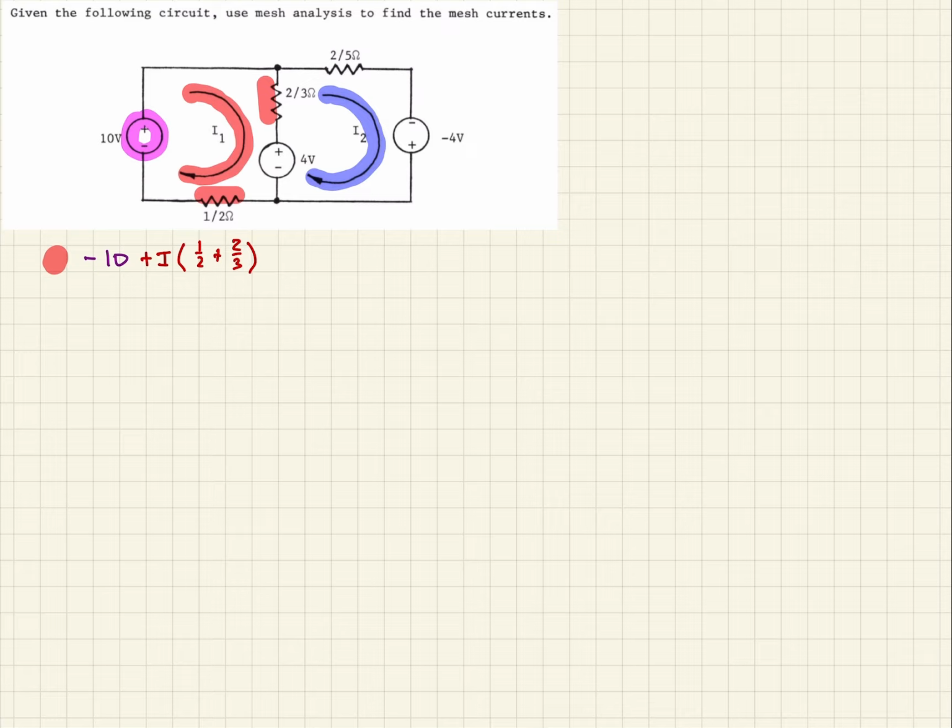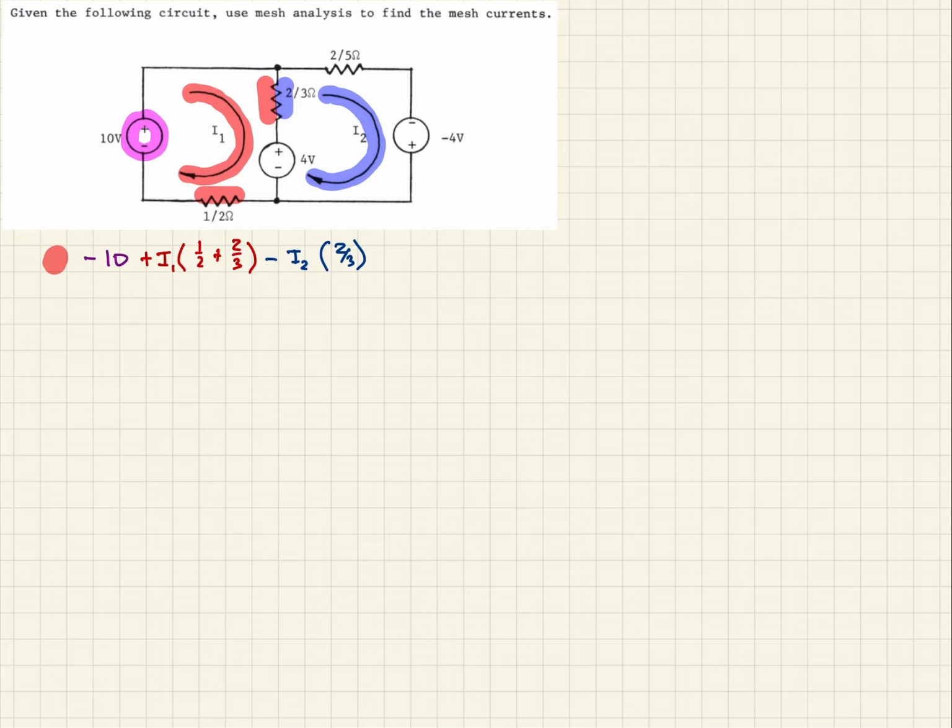But then we also note that the I2 current goes through that 2/3 resistor as well, and it's working against us. So then that's going to be minus I2 times 2/3. And it looks like I left off my I1 there.